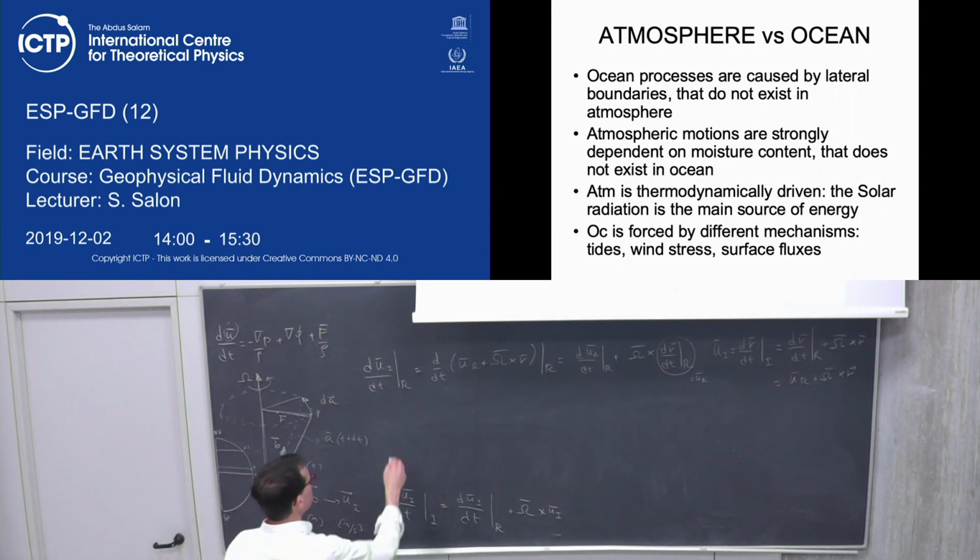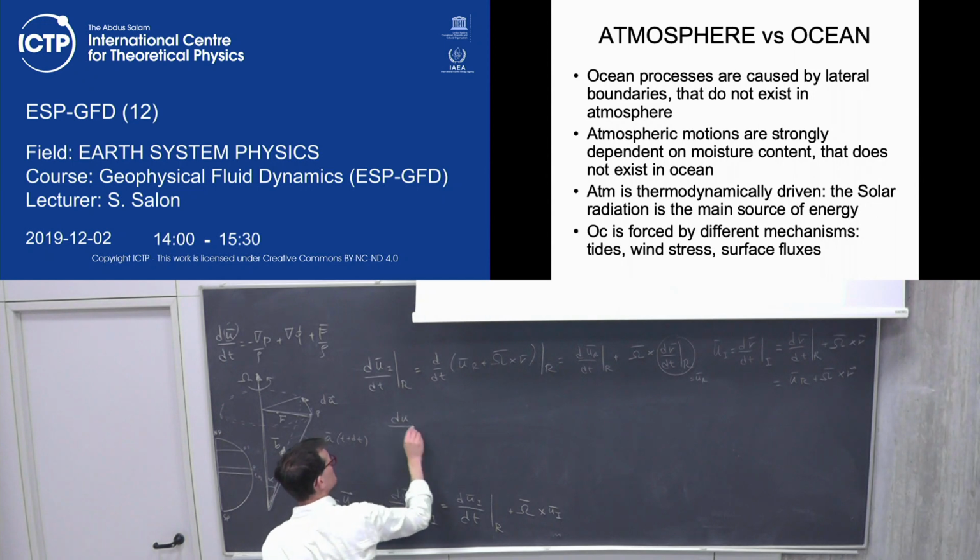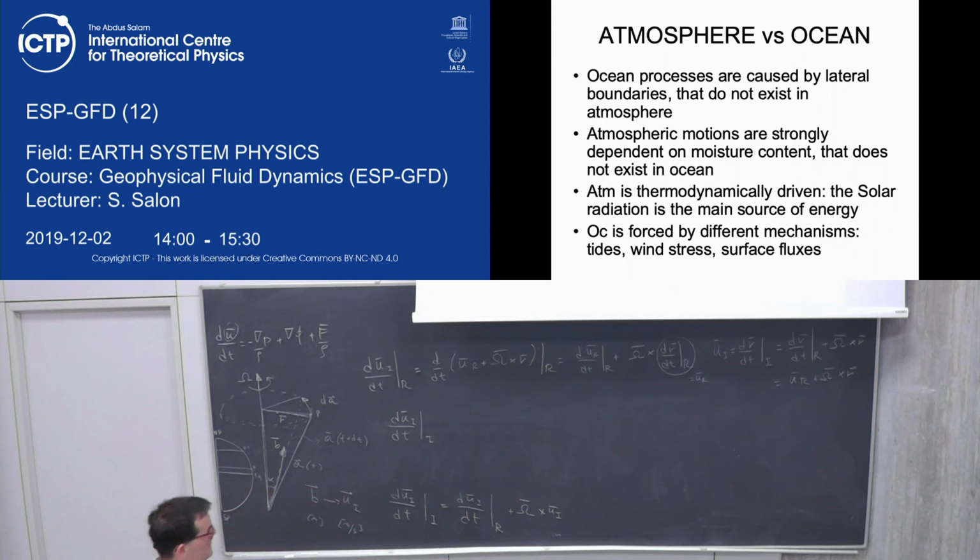Okay, last step, which is what we wanted, because it's this one. So this is this part here. This is equal to d(ui)/dt, which is this one.